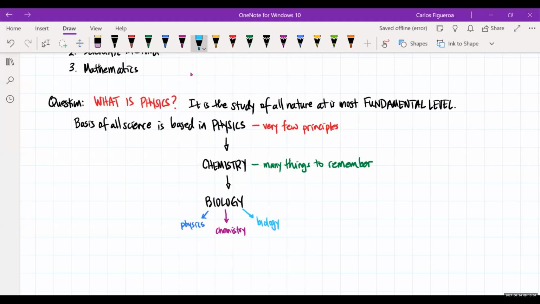Let me give you an example. The heart. The heart is effectively an electric pump. So in order to understand what I mean by an electric pump, you need to understand essentially the electricity of the heart. That's where physics comes in.